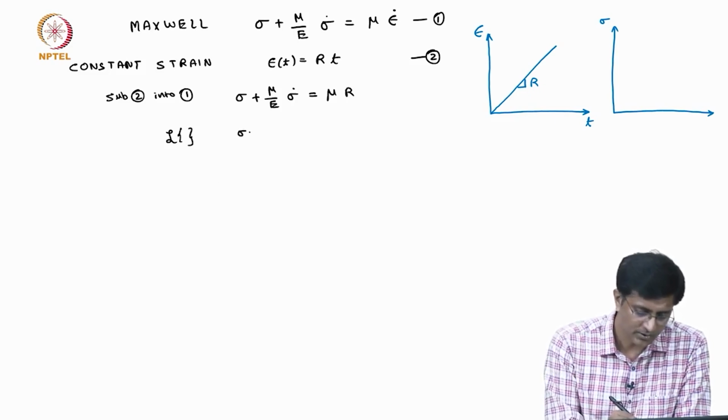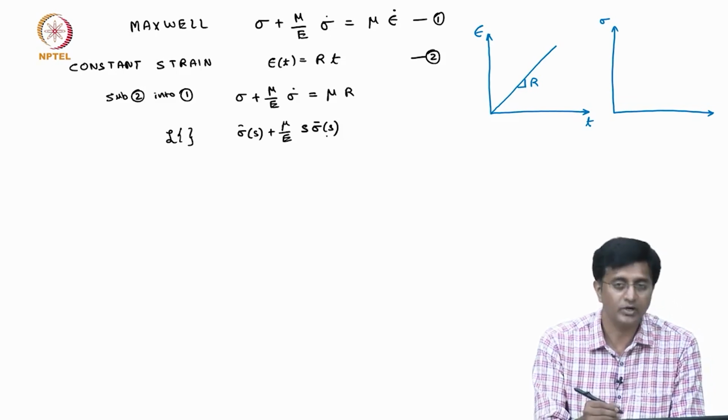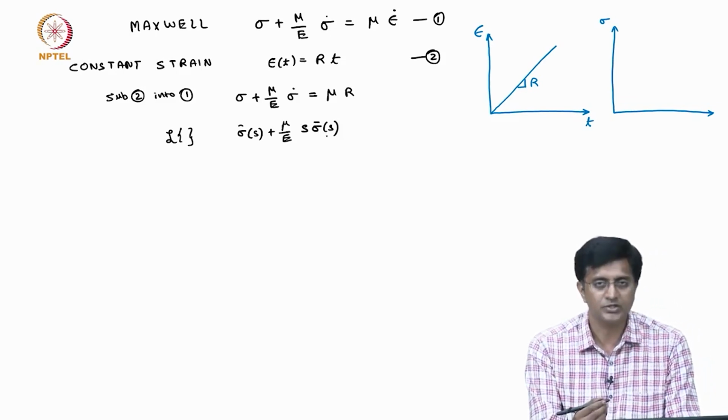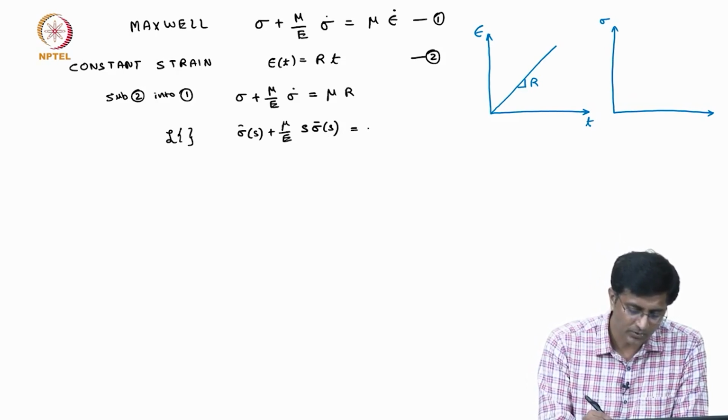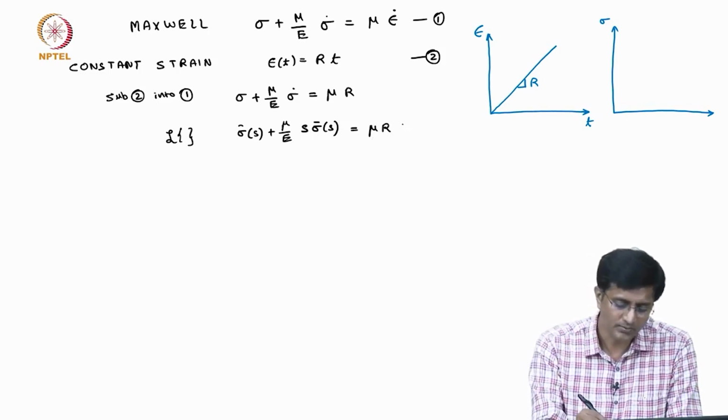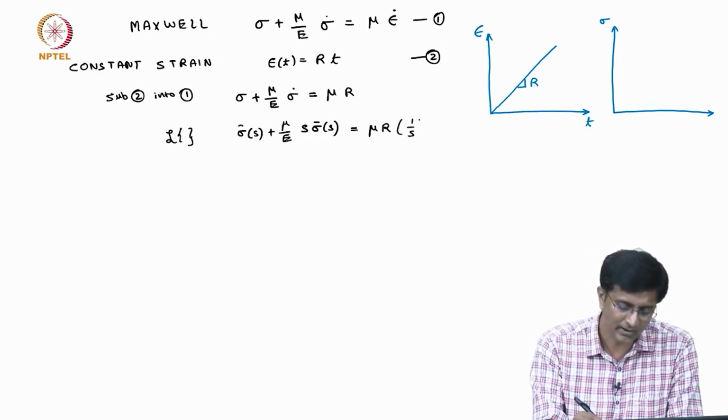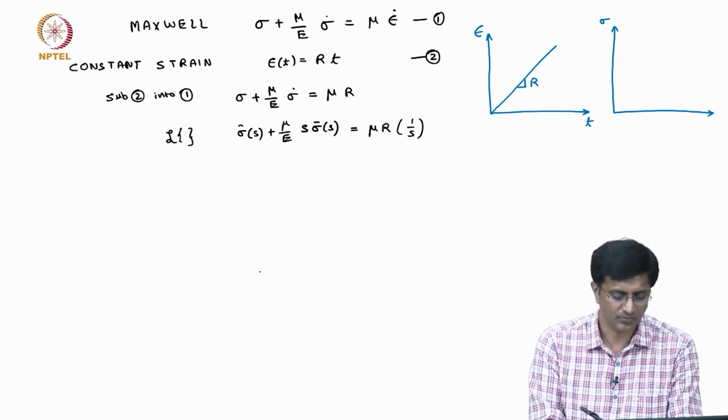So, this should be sigma of s plus mu by E times s times sigma of s. Again we will ignore the sigma 0, since it will be 0 anyway, which will be equal to mu r times 1 by s, because the Laplace of a constant is 1 by s.